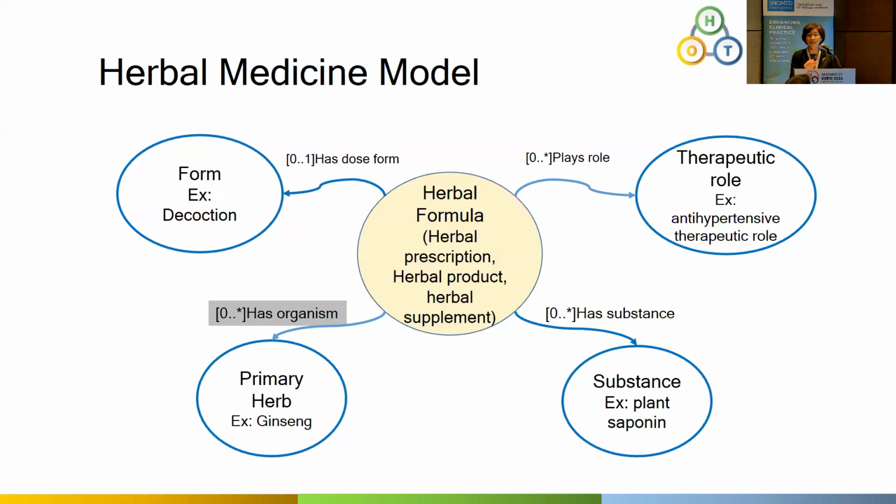And this herbal medicine can come in different forms. The decoction could be one. And while I'm talking to our colleagues in traditional Korean medicine, they really would like to have a therapeutic role. Are we promoting or increasing the yang or decreasing yang, whatever? That's the intention of the medicine.